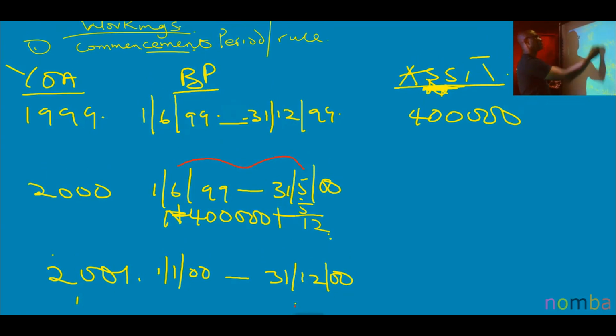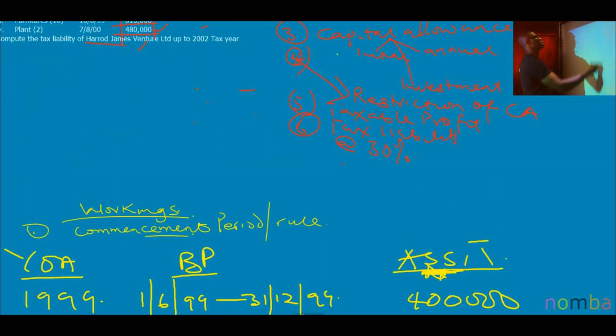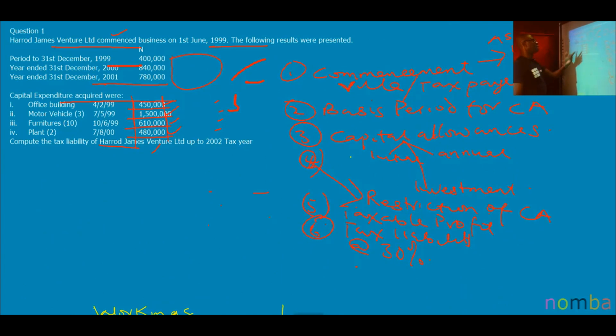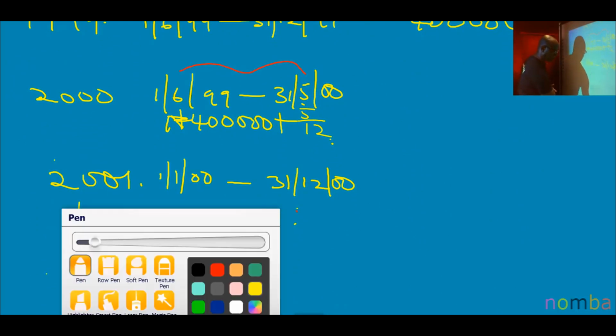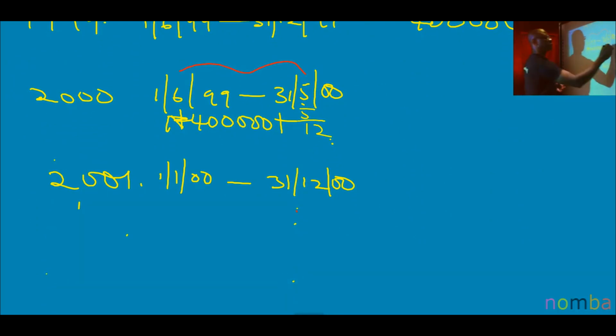Let's go there. Let's see. We can see it here. It was made in 12 months. That is December 31st, 2000. How much? We are looking at 840,000. So it's going to be 5 over 12 times 840,000. I'll look out for how much that will give me. This already is 400,000.